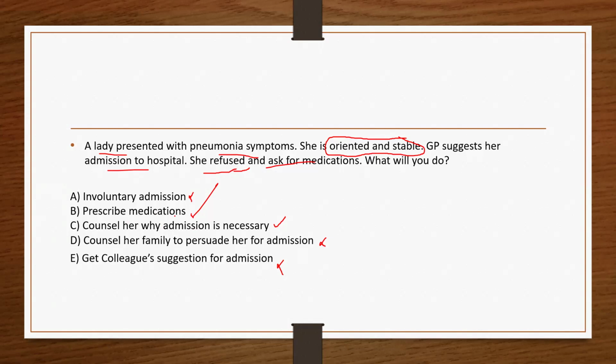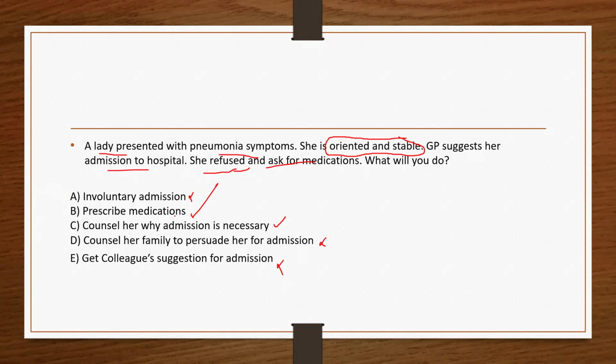And then if she still tells you, I don't want to get admitted, then you are going to go with her choice. So now, answer C seems more rational and more professional behavior for a doctor. I hope you can understand that. Because she might not understand the severity and the consequences of pneumonia at her level.